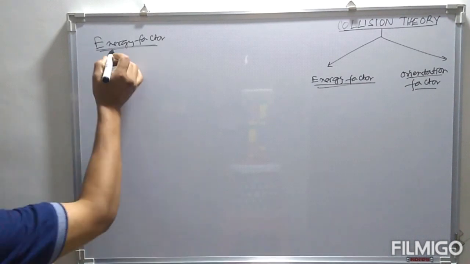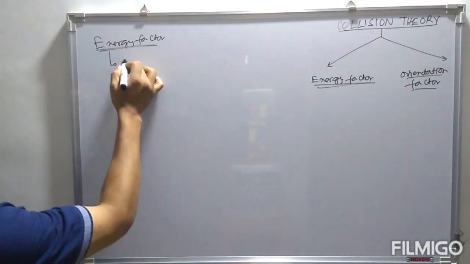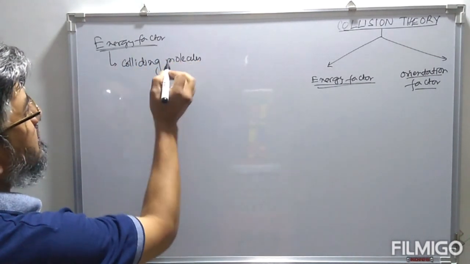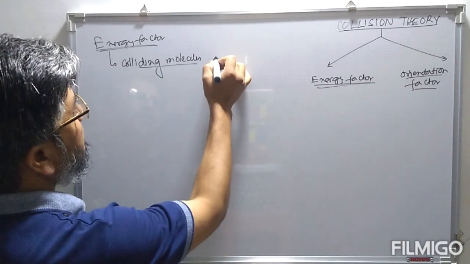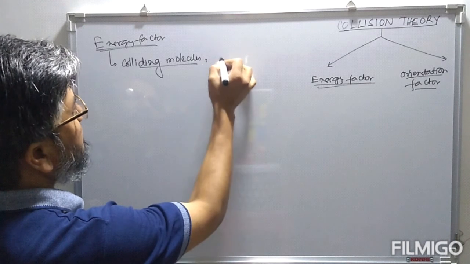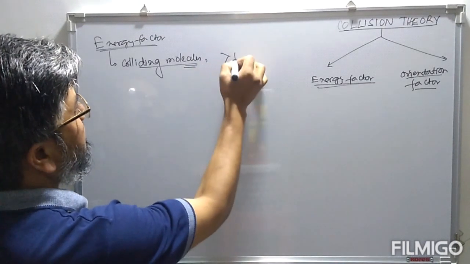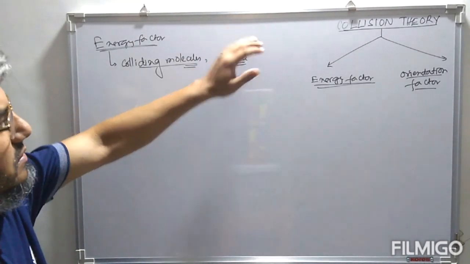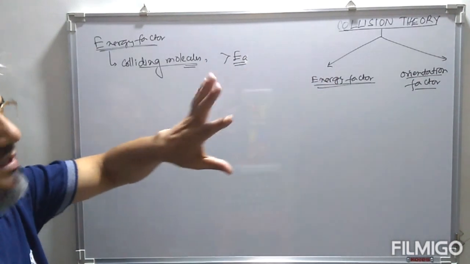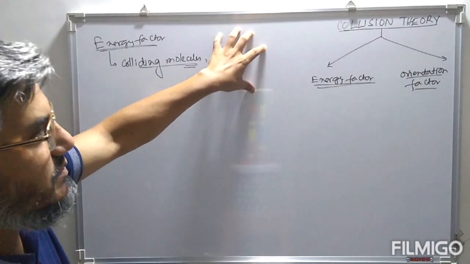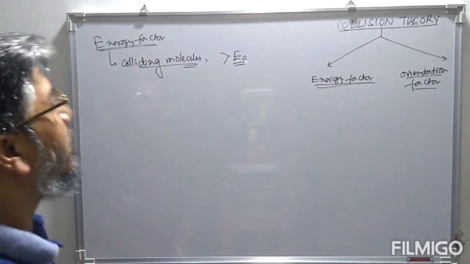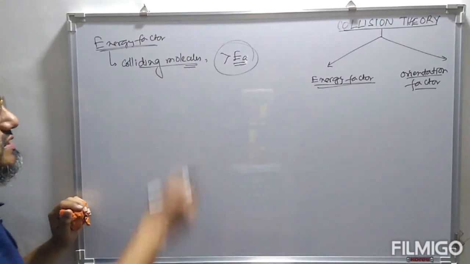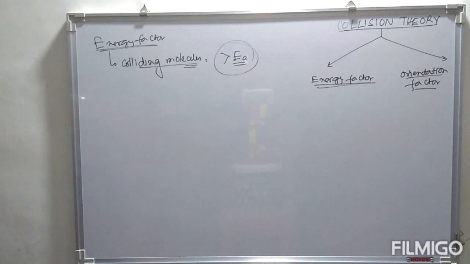So the energy of the colliding molecules should be greater than this minimum energy. If the energy is less than the minimum energy, it doesn't lead to product formation. Only those molecules whose energy is greater than this activation energy lead to product formation. So one of the requirements is that colliding molecules must have energy greater than this minimum energy. This condition has to be satisfied.